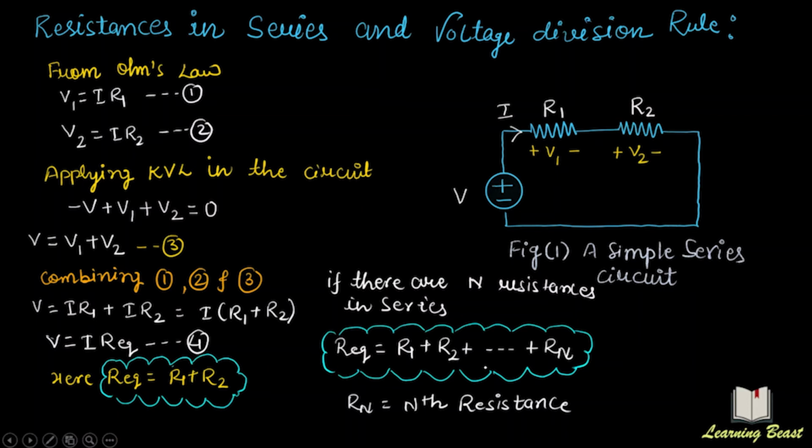Now we will move on to the voltage division rule. So what we will do, we will combine equation number 4 and 1, then 4 and 2. Now moving on to the next slide.